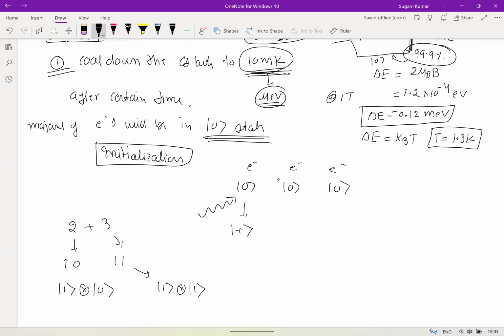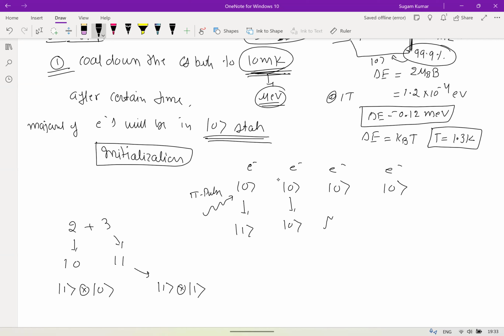So what I will do is first initialize everything in the zero state, and then I will shine a pi pulse on this electron. What will it become then? 1, correct? Then I will use this one as such.